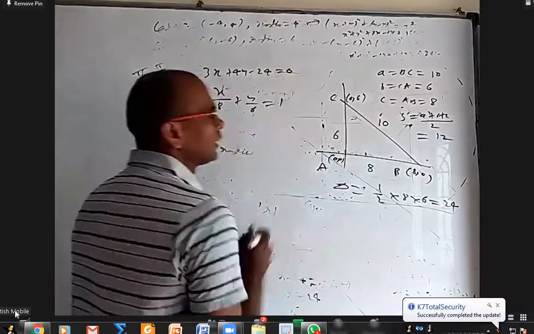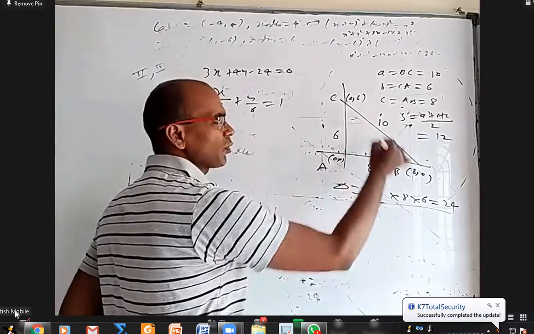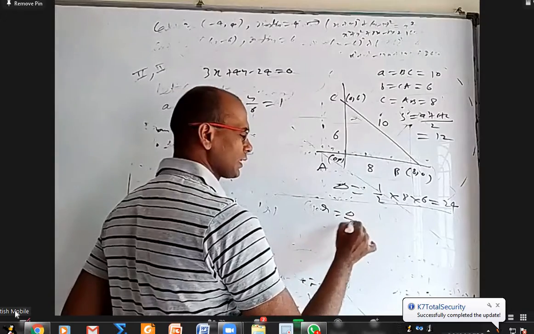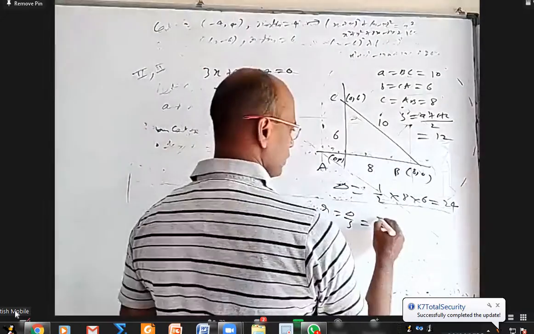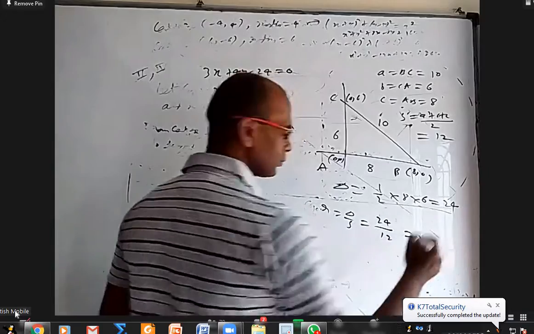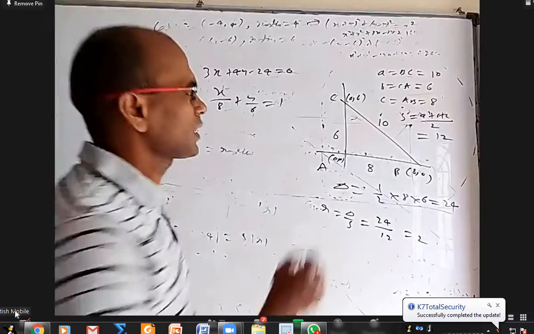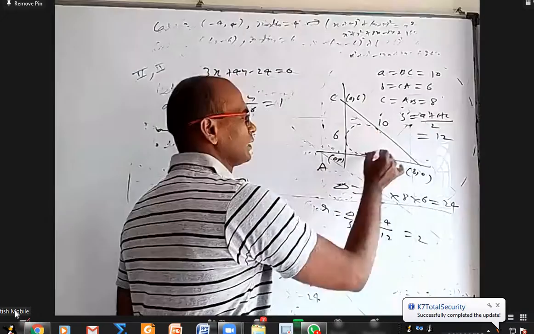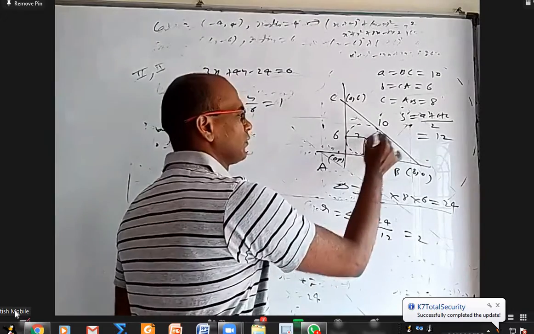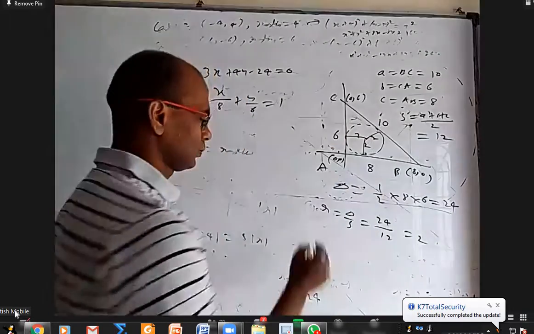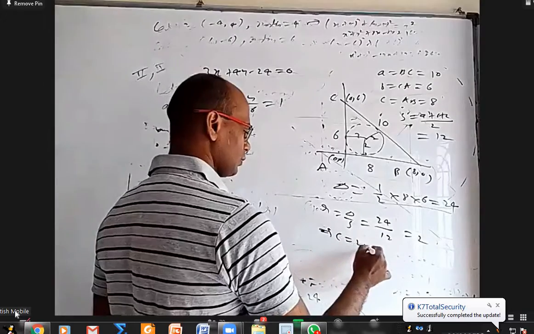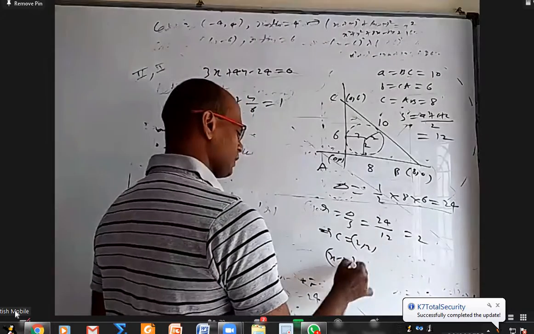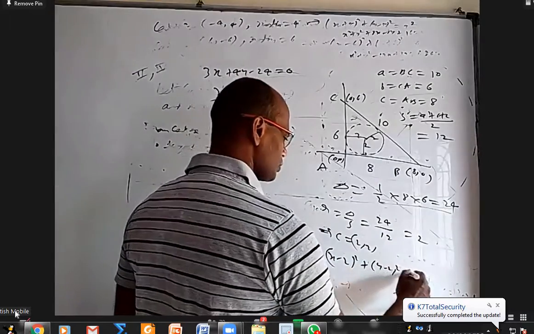Now the incircle will be here in the first quadrant. So small r equal to delta by s, 24 by 12, it will be 2. This is our first answer: the circle inside has radius 2. If radius is 2, center will be 2 comma 2. Then the equation is (x minus 2) whole square plus (y minus 2) whole square equal to 2 square.